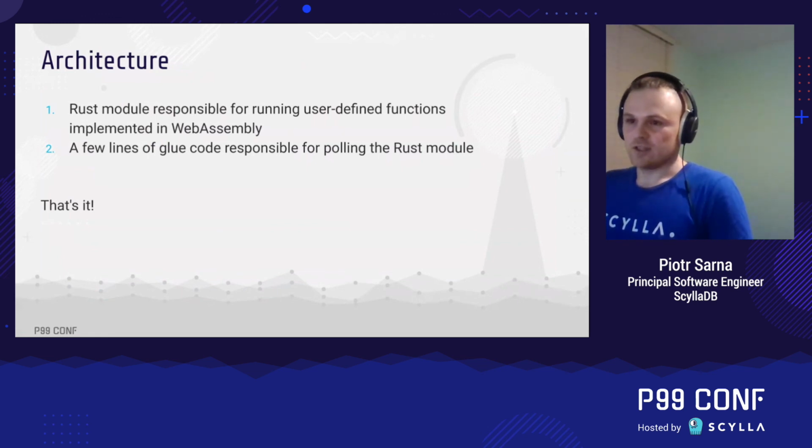This code is linked right into ScyllaDB, where it is polled in a latency-friendly manner. And that's it. We managed to seamlessly integrate asynchronous Rust code into an asynchronous C++ framework, and there's no needless overhead. The Rust code compiles to a state machine, and we can utilize that state machine right from C++.